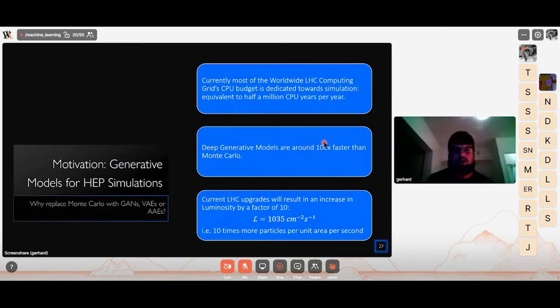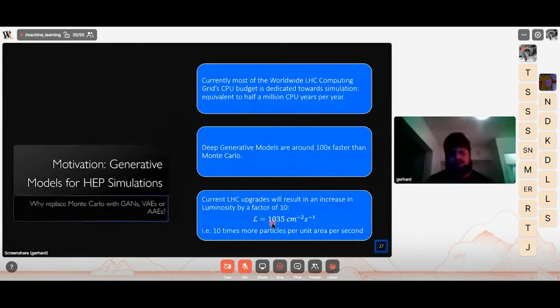So currently most of the LHC computing grid CPU budget is dedicated towards simulation. So if you think about CPU years, they spend about 500,000 CPU years per year just simulating experiments. And latent variable models are around 100 times faster than Monte Carlo.